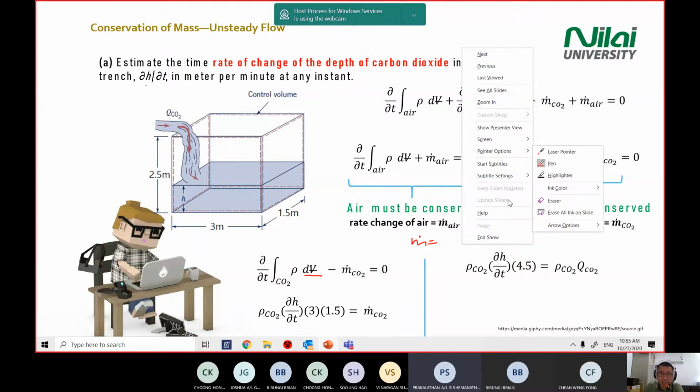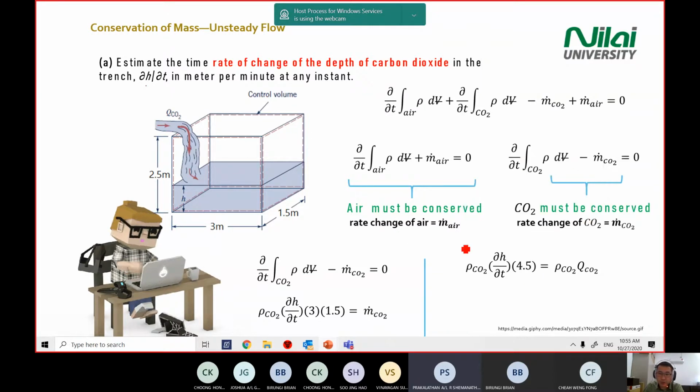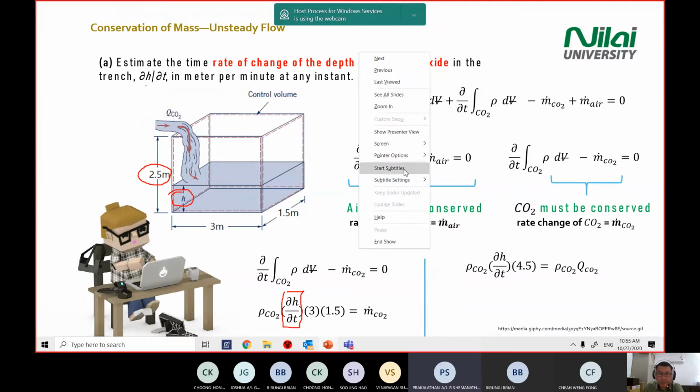But why do we not substitute the 2.5 here? Because we need to find the relationship of del h over del t. That's why we only multiply the area, the floor area: 3 times 1.5.